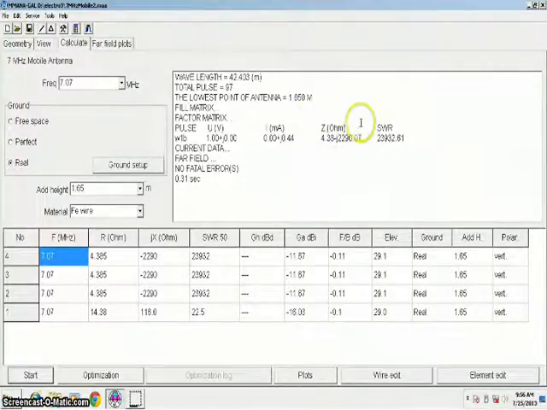The correct impedance value here should be 50 ohm plus minus J0. There is a calculator tool here to help.